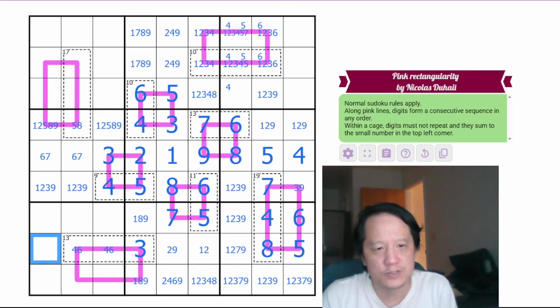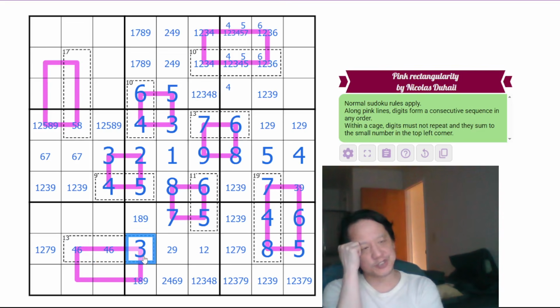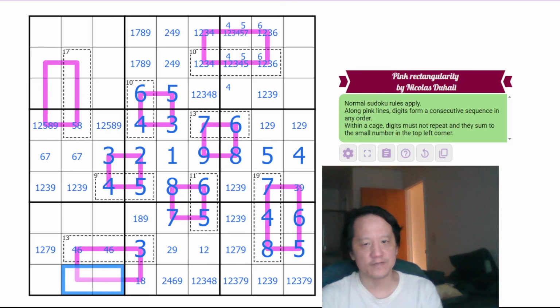So we have 1, 2, 7, 9 remaining in row 5. 3, 4, and 6 can form a 6-length Renban as 1 through 6, 2 through 7, or 3 through 8. So no 9 is possible. We are guaranteed one of these is a 5. 3 eliminates 3 here.